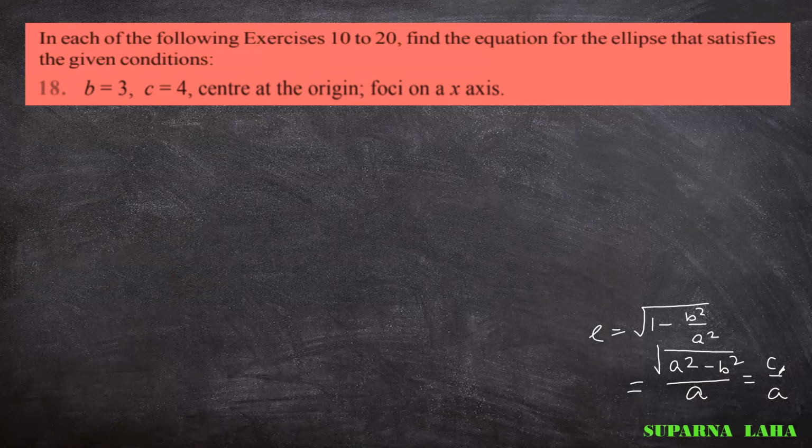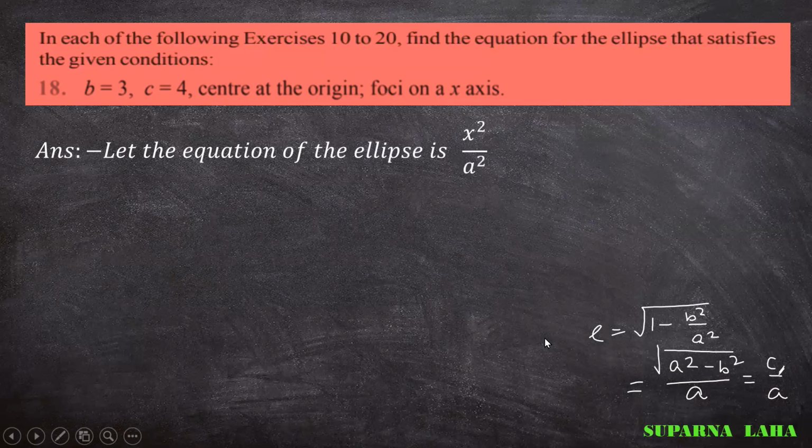You need to find the equation of the ellipse. Since the foci are on the x-axis, the major axis is the x-axis, so we can consider the general equation x square by a square plus y square by b square is equals to 1. Now b is 3, c is 4.